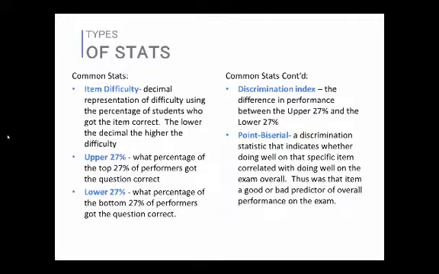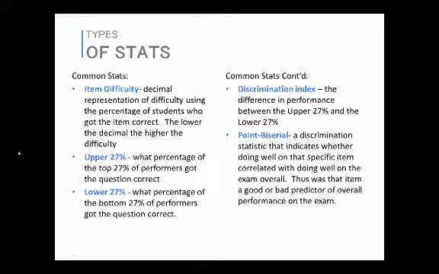If getting this question right had no correlation or poor correlation with doing well on the exam as a whole, then there could be something wrong with the item itself, or it could mean that the way you wrote the item, the item doesn't really represent the content as a whole. And so this isn't a good indicator of a student's understanding of what you were trying to assess them on.